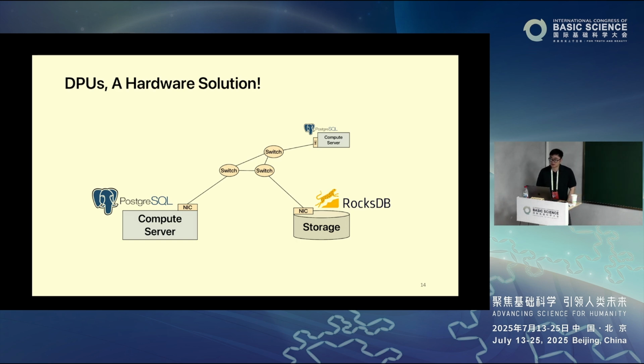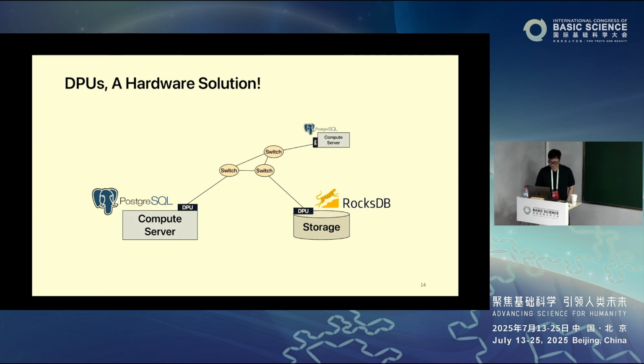We have been working on this problem. This is one of the fundamental problems in the database system community. We have a proposal, which is to use DPU to improve the performance and reduce the cost for cloud data processing.